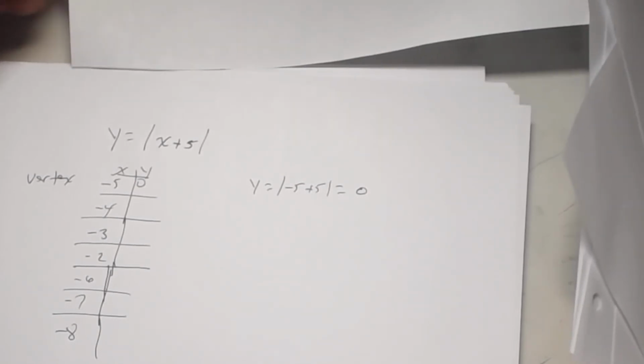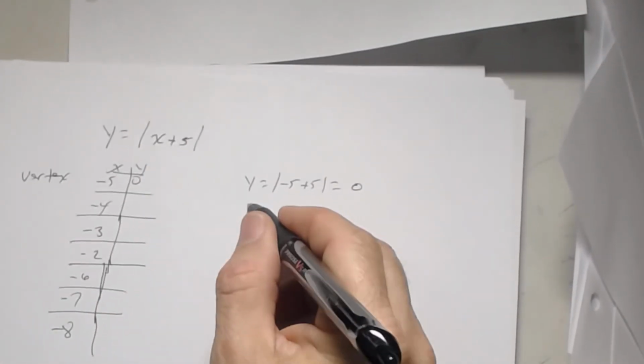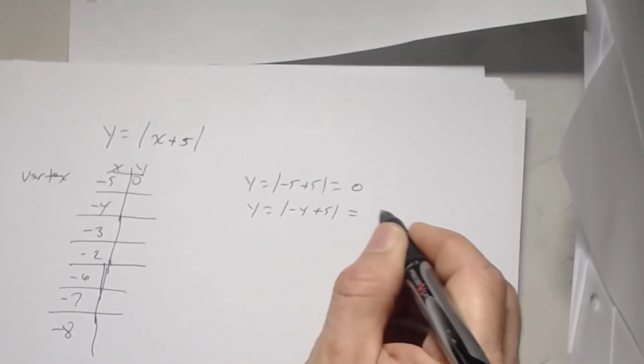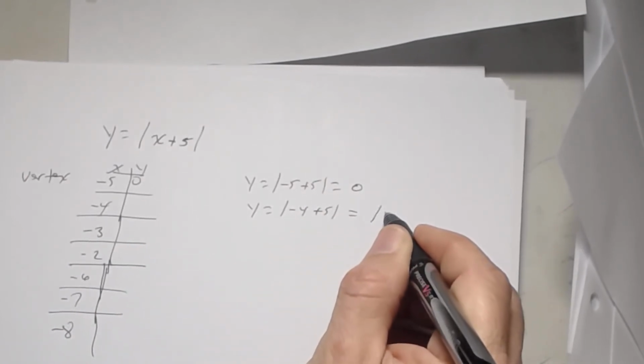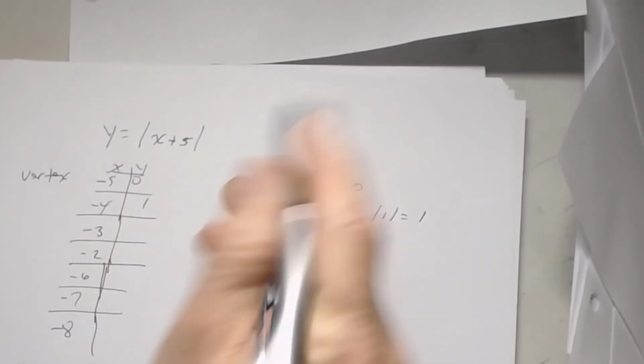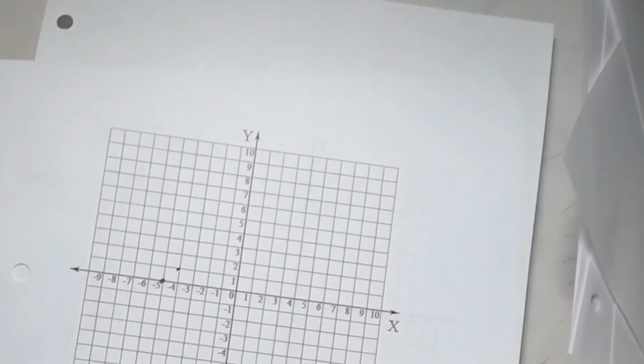All right, but remember, for the horizontal shift, you have to locate where that vertex is first and then go 3 to the right, 3 to the left. Okay, when x is -4, I get y equals absolute value of -4 plus 5, which gives me absolute value of 1, which gives me 1. So -4, 1. So I'll plot the point -4, 1. Okay.